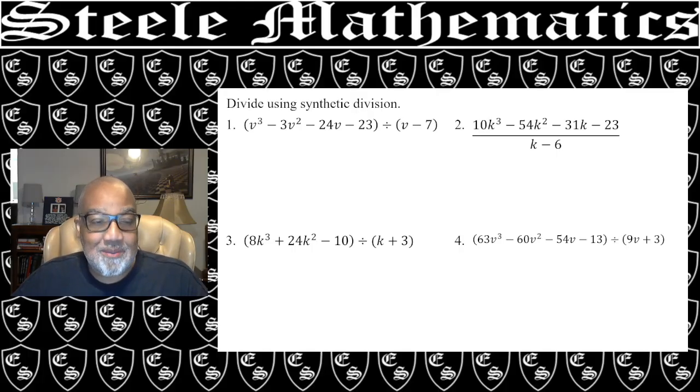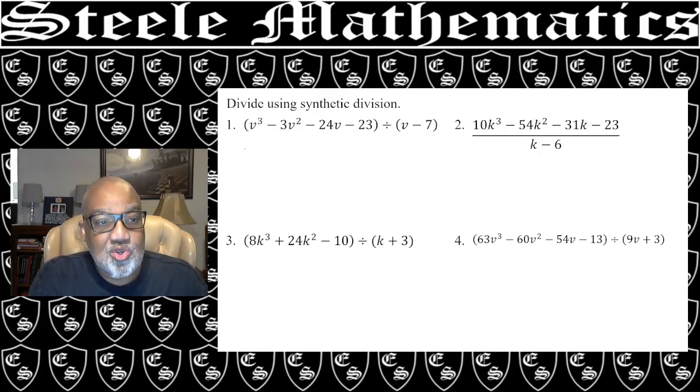So here are the examples. On number 1, we got v to the third minus 3v to the second minus 24v minus 23 divided by v minus 7. Okay, so here's what you do to use synthetic division.